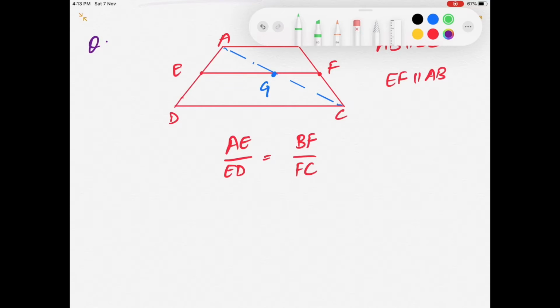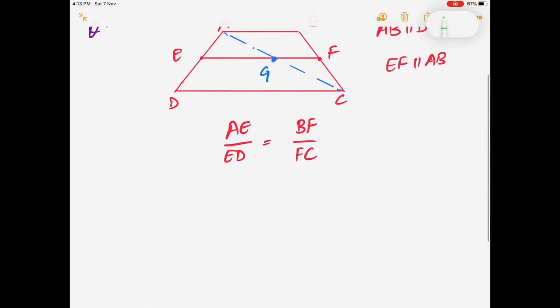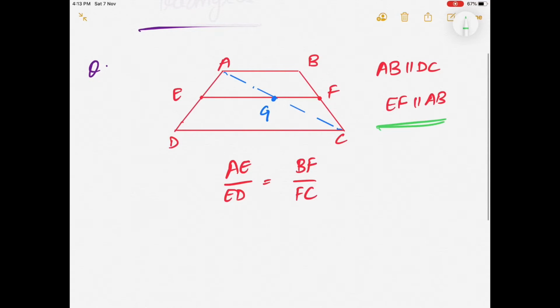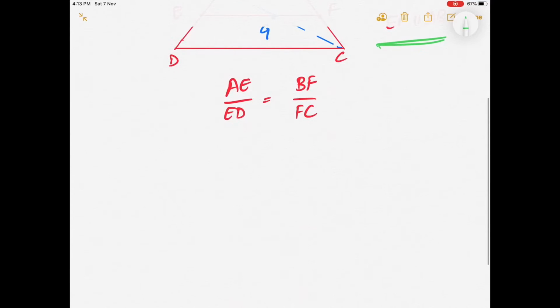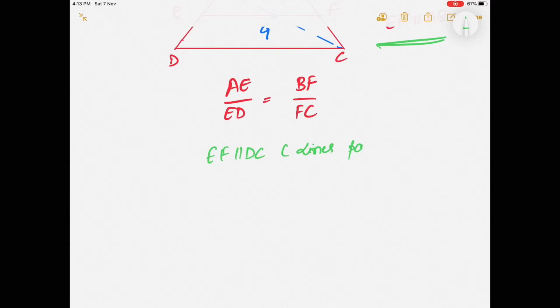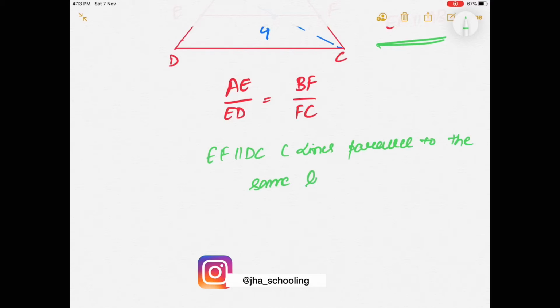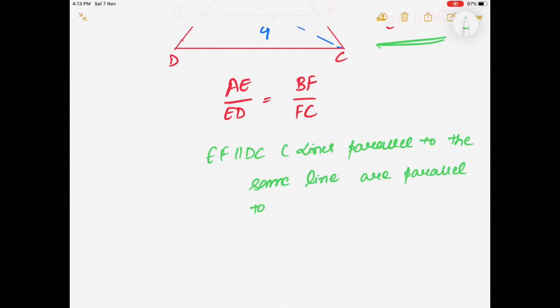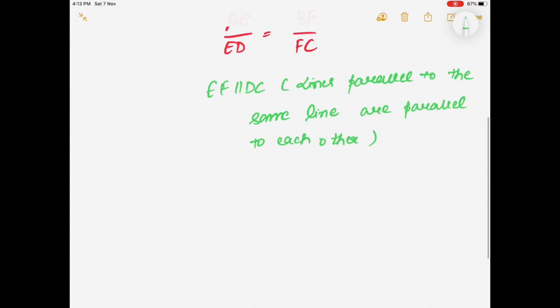Now AB is parallel to DC and EF is parallel to AB. This is given in the question. So now EF will be parallel to DC, as lines parallel to the same line are parallel to each other also.